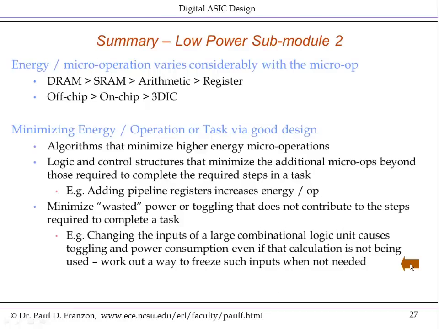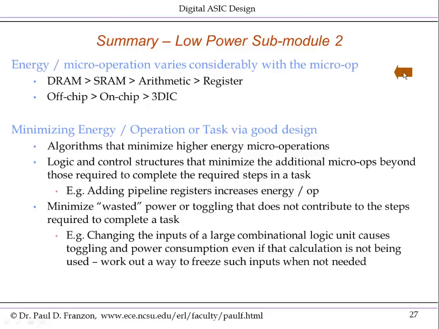So that brings us to the end of this second submodule and the end of the low power section. I remind you that it's very useful to have some understanding of the relative energy per microoperation for different things you can put into a data path and controller.